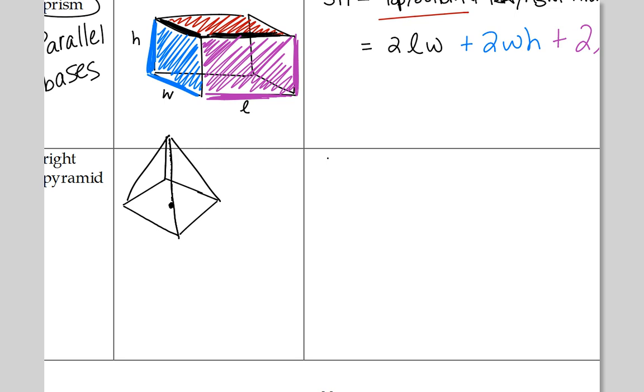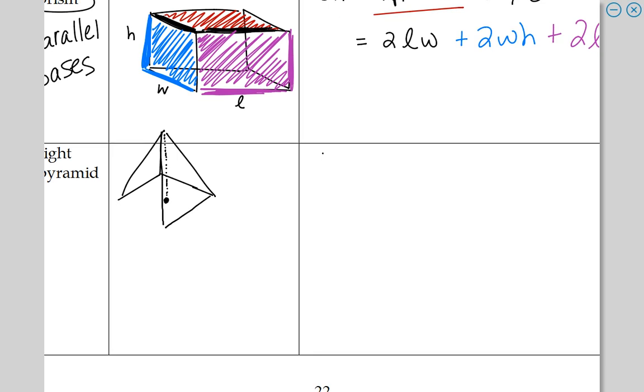So that one was not great because I kind of screwed it up. So maybe let's do something like this. Just so you can sort of visualize that pyramid's height.